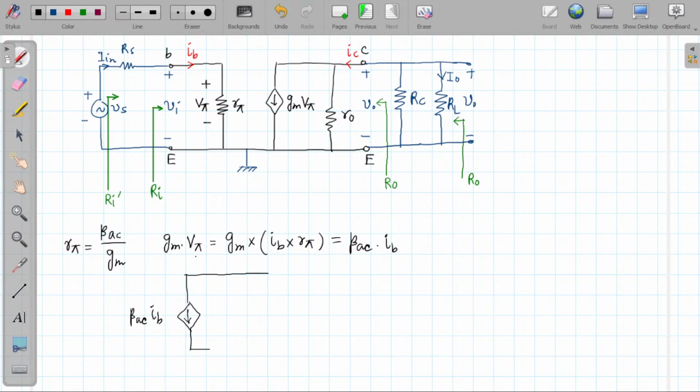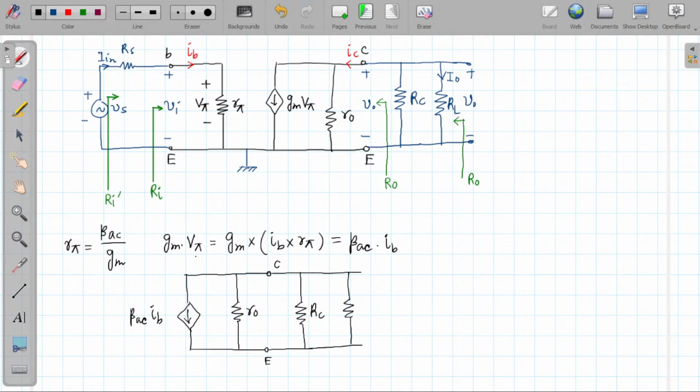With that, there is R0 parallel to this. Here is the collector terminal, and here the emitter terminal. Between the collector and emitter there is an RC resistor, the collector resistor, and in parallel with that there is RL.